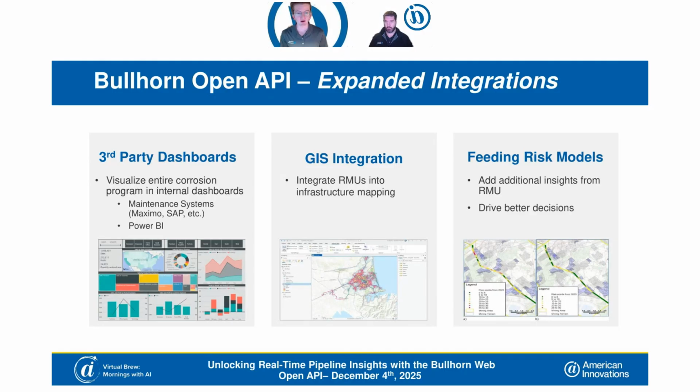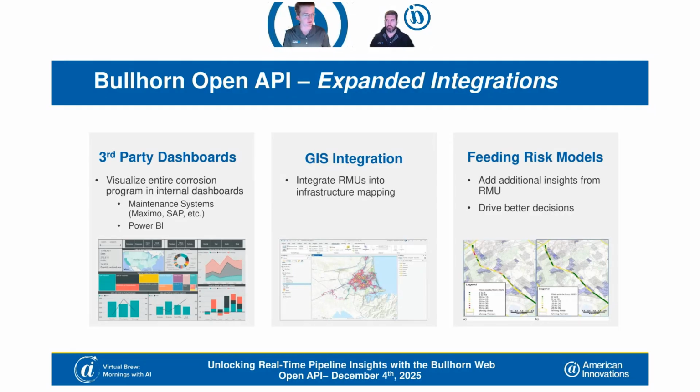If you're not super technically savvy, I won't ever say that I am either. I have to use some help when setting up an API or a tool like this. But with some assistance from your internal IT teams or other systems, you can now integrate data into any of your internal systems. Another one that comes up a lot is GIS integration.